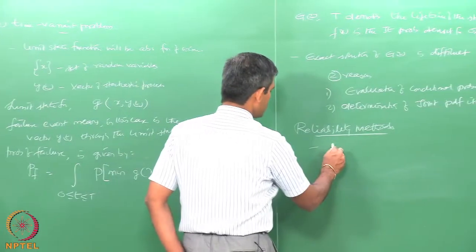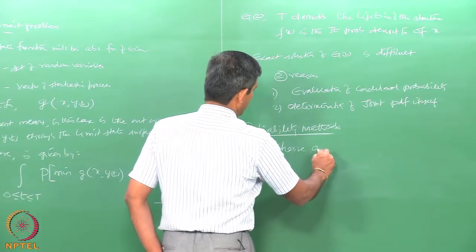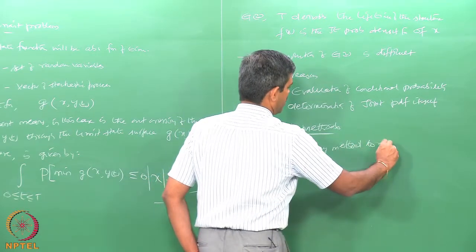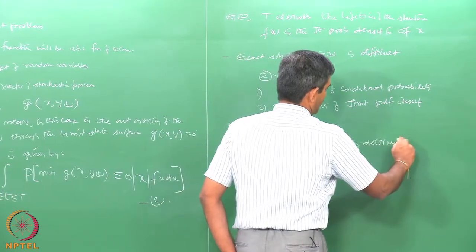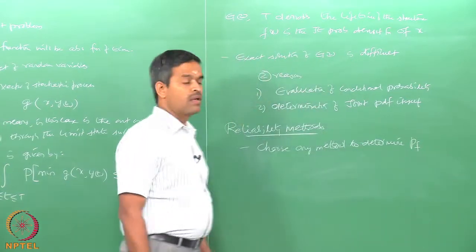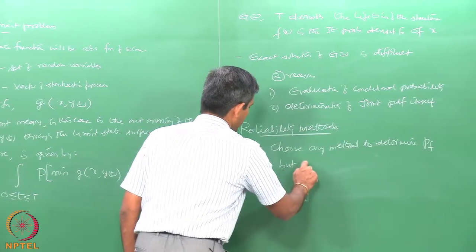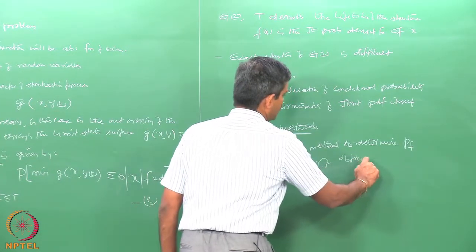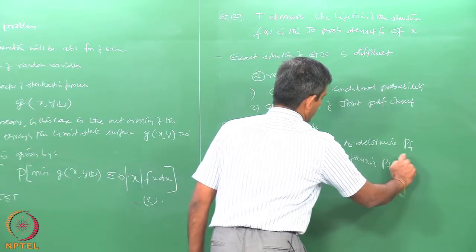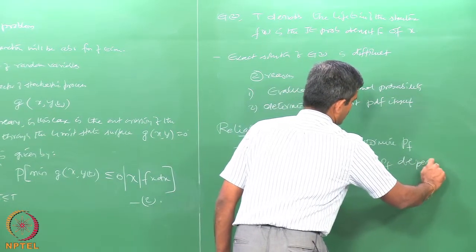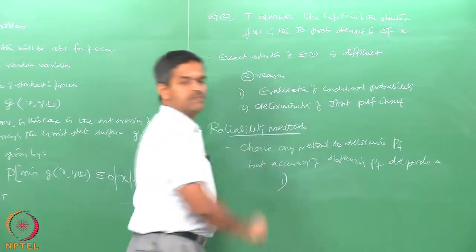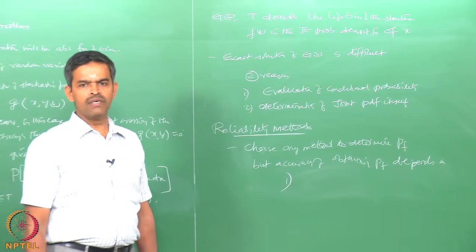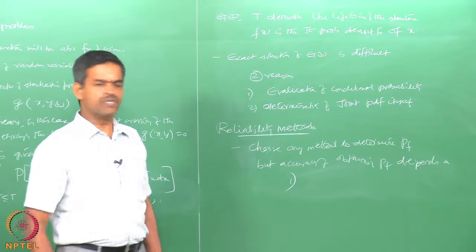So, one can choose any method to determine the probability of failure, but the accuracy of obtaining the probability of failure depends on, one, how accurately the joint probability distribution functions of random variables are determined.